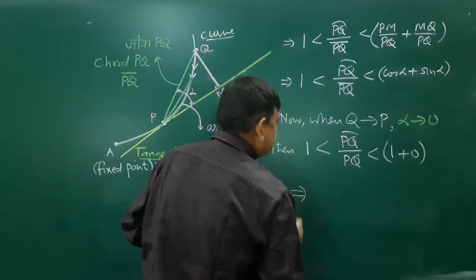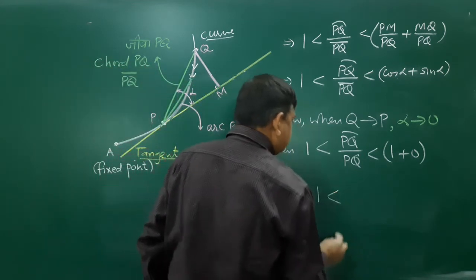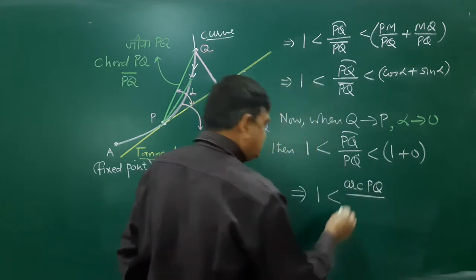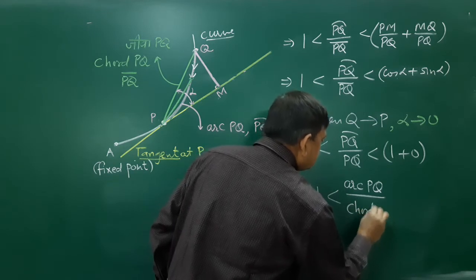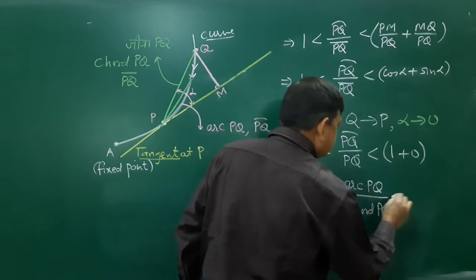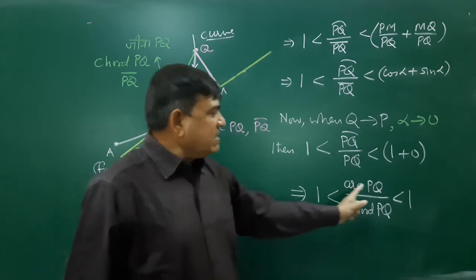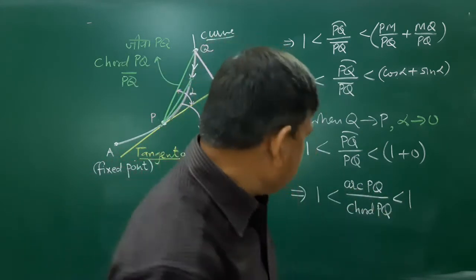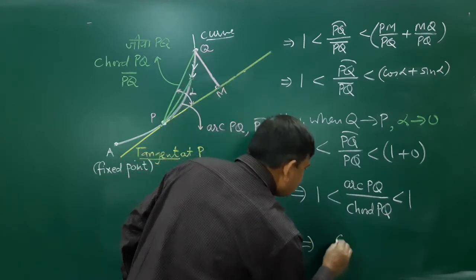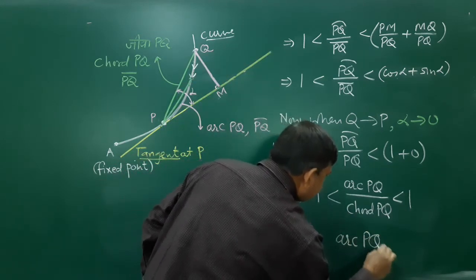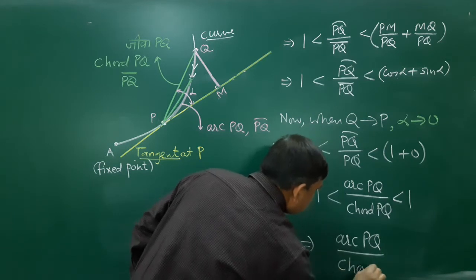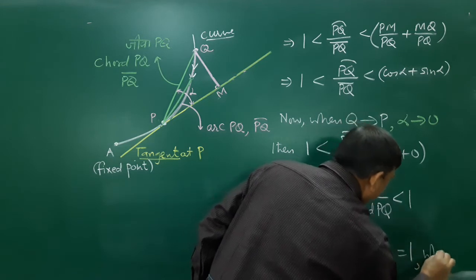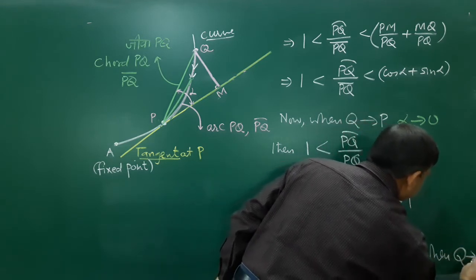So this implies 1 less than arc length PQ upon chord PQ, that is less than 1. When a quantity is less than and greater than the same number, then arc PQ upon chord PQ is equal to 1 when q tends to p.